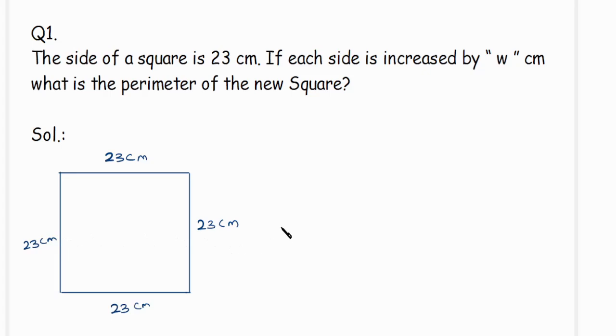Now what's the perimeter formula for the square?